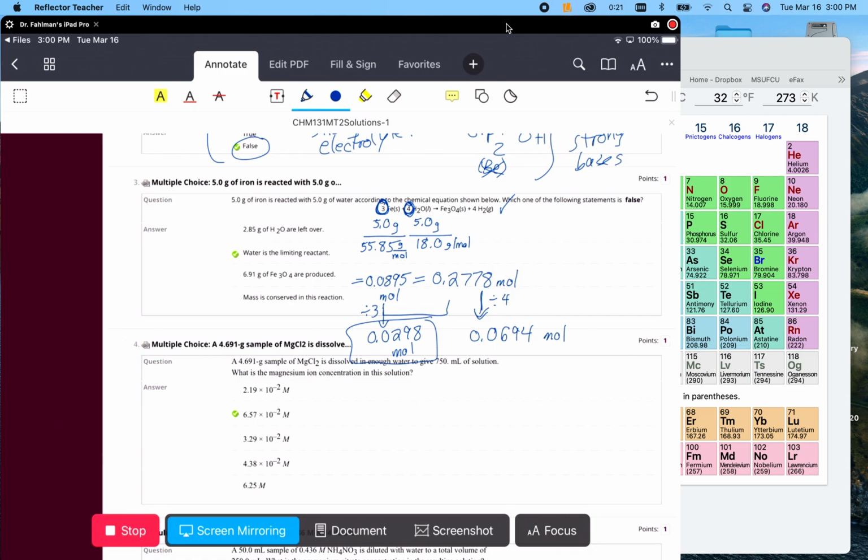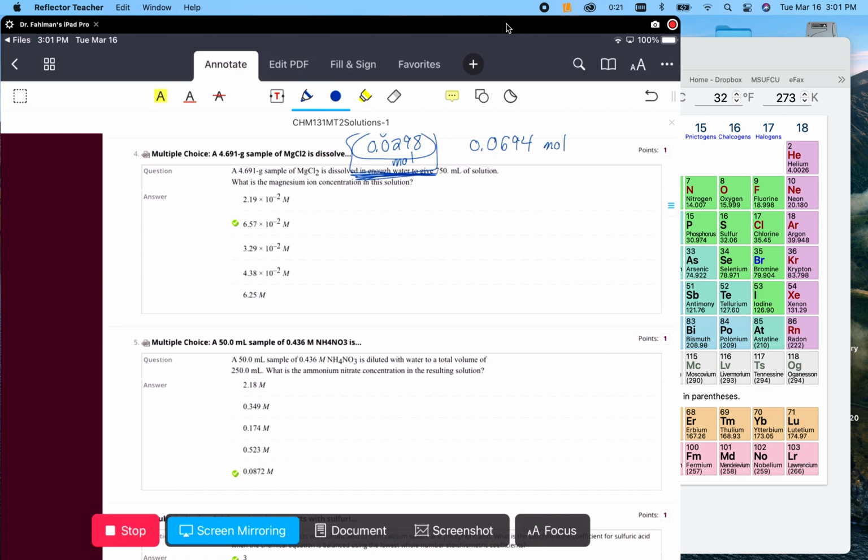Okay, and so that's as far as you really need to get in these questions here. So this says water is the limiting reagent, and so the question here is which one is false. Okay, and so that is wrong because iron is the limiting reagent. This is the smallest number after you are comparing moles to moles.